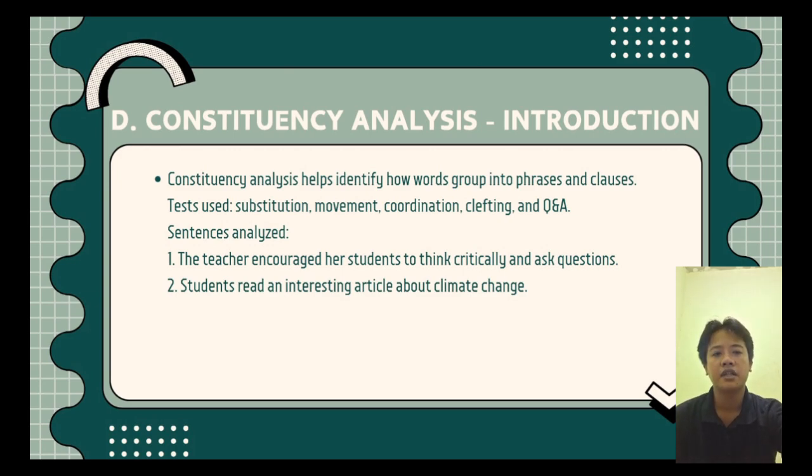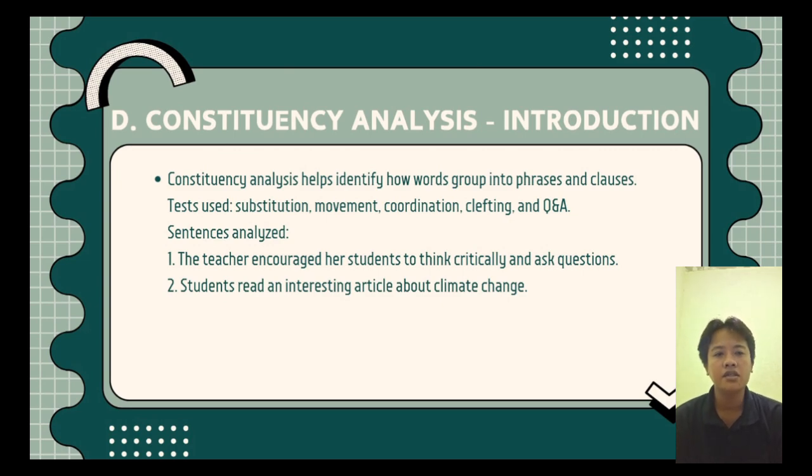The first sentence I analyzed was: the teacher encouraged her students to think critically and ask questions. From the sentence, I found that substitution and movement tests work well to show different phrases. The clefting test also showed that her students is one group or unit.